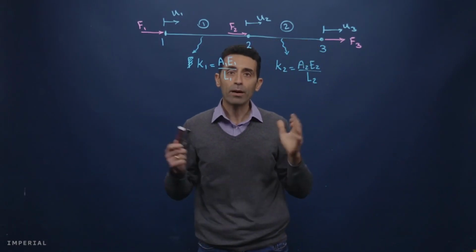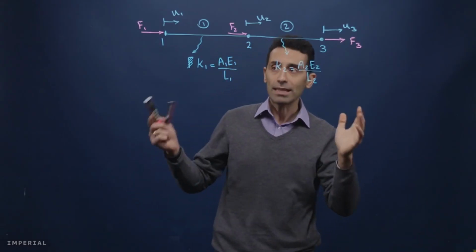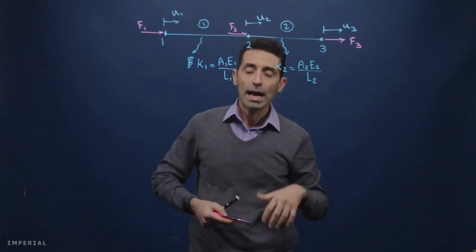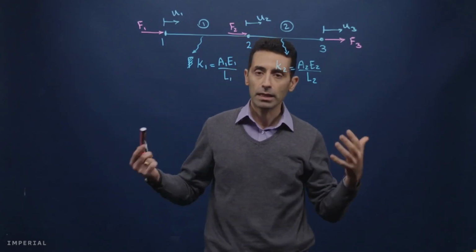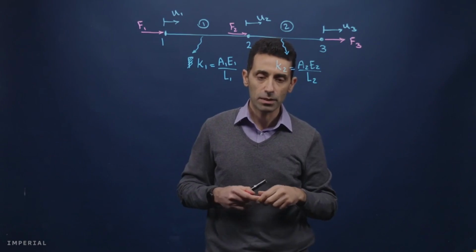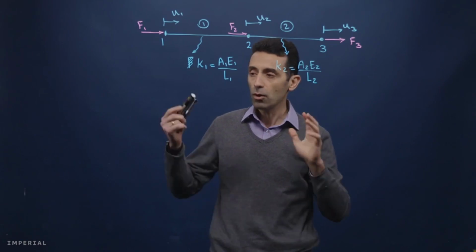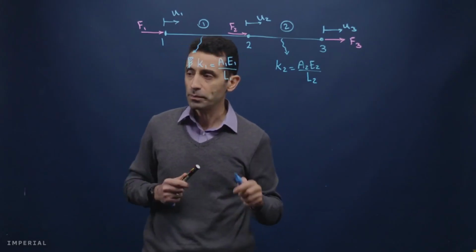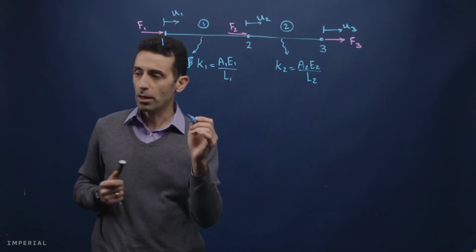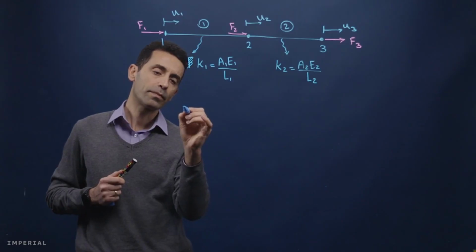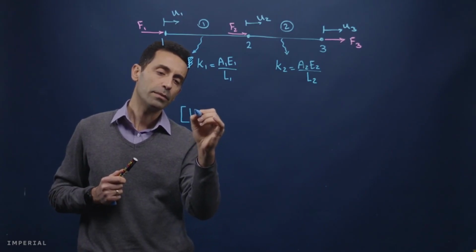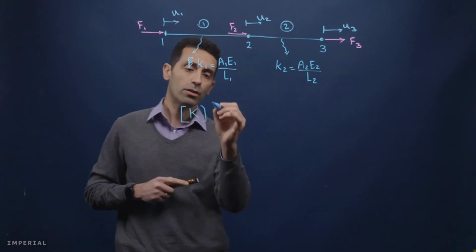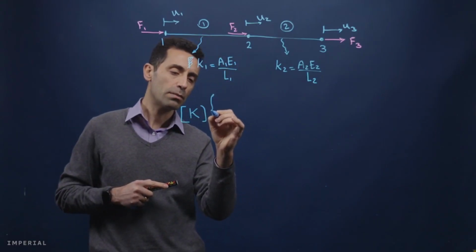All right, if we write the equation of static equilibrium now for this more complicated structure, and then we simplify everything and solve the simultaneous equations, etc., we will end up with a matrix equation that we can summarize with a K. So here's K. And as usual, we have vector of nodal displacements.